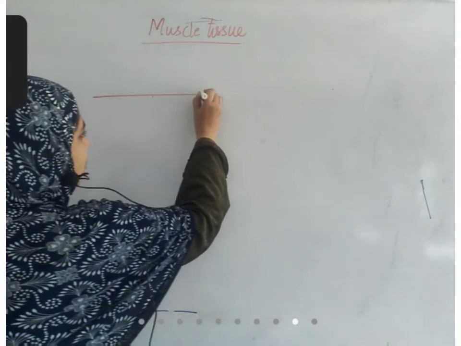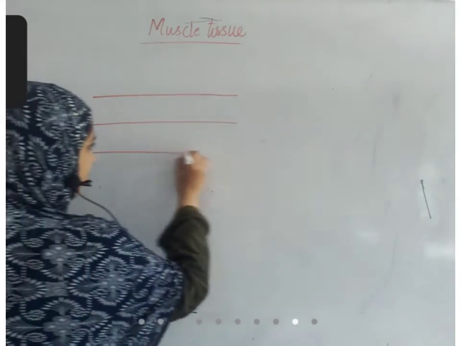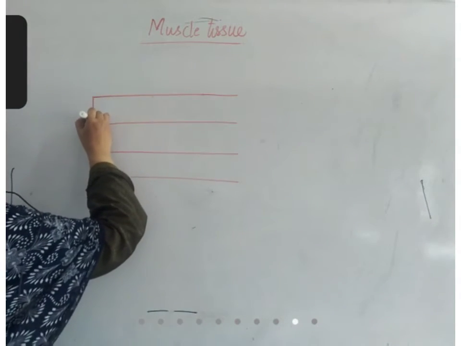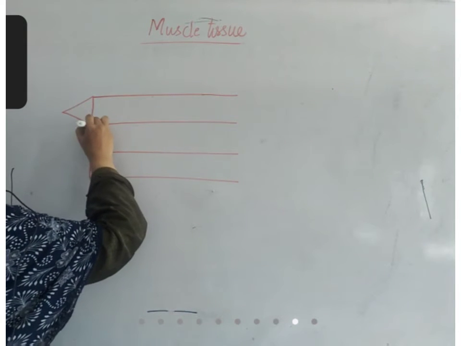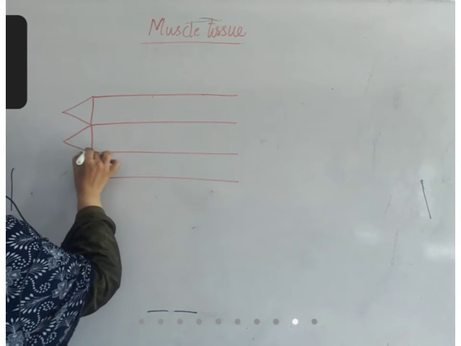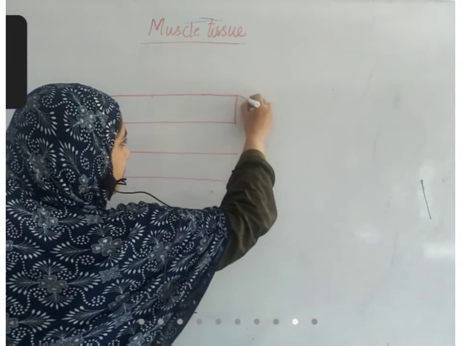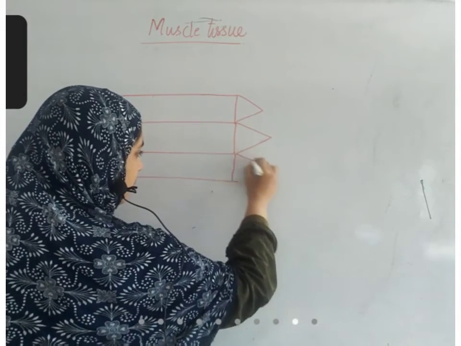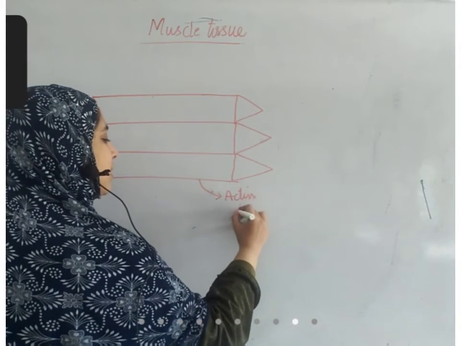You observe the structure of the sarcomere. It is like this. These filaments are called actin filaments.